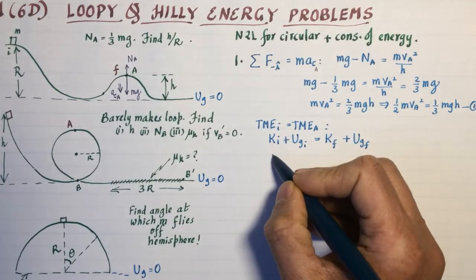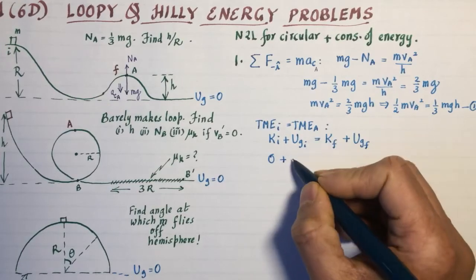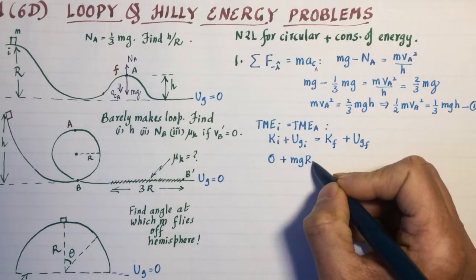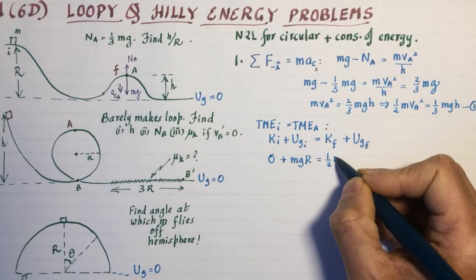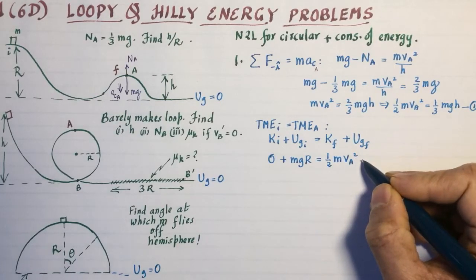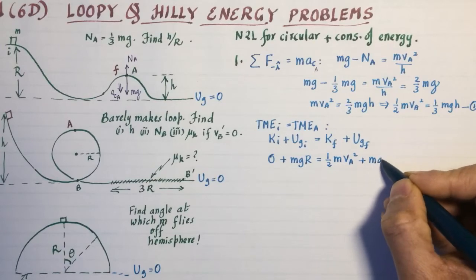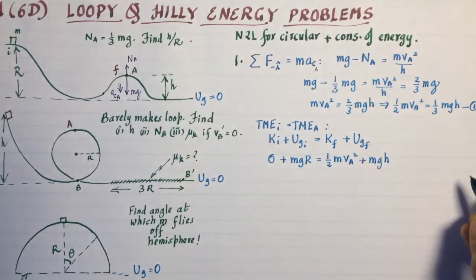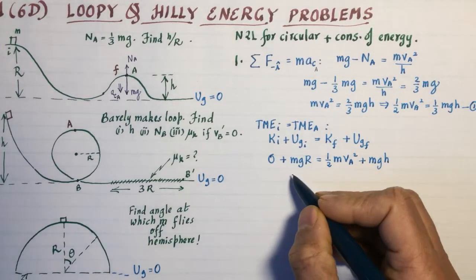The initial kinetic energy is 0. The initial potential energy is mgr. The final kinetic energy is 1/2 m v_A squared. And the final gravitational potential energy is mgh. So I'll just substitute for all these values.